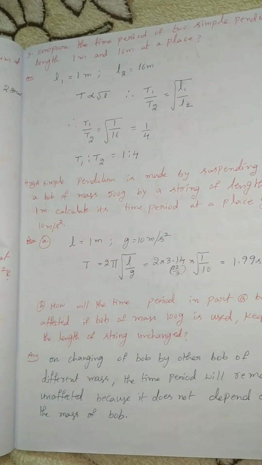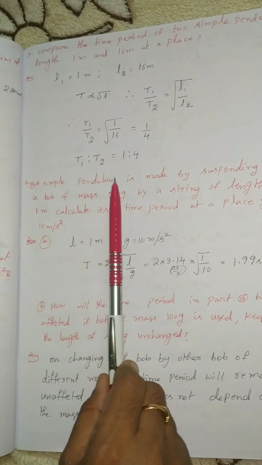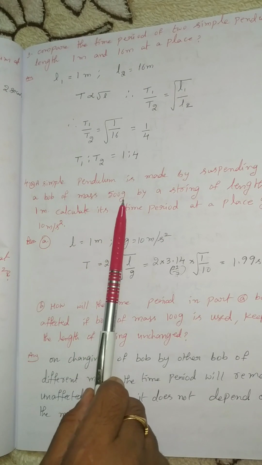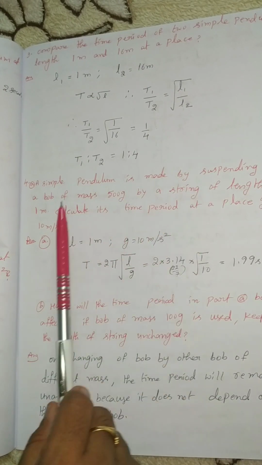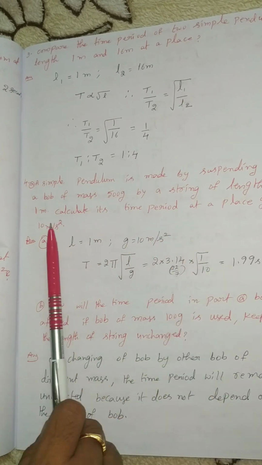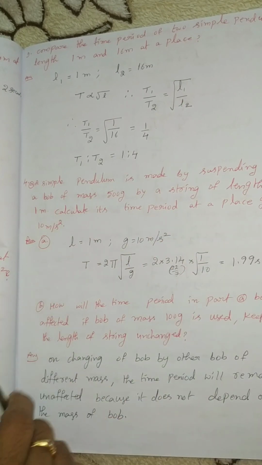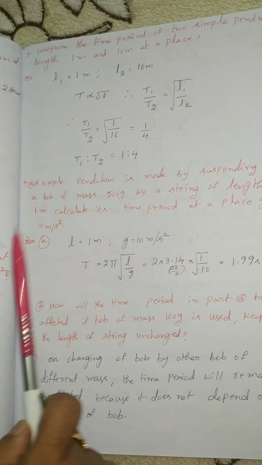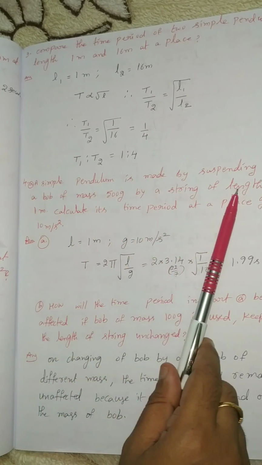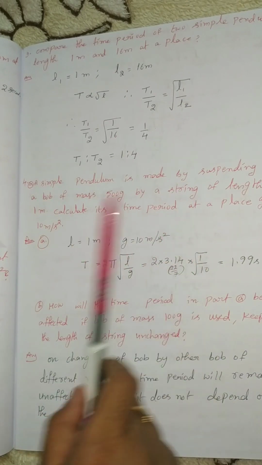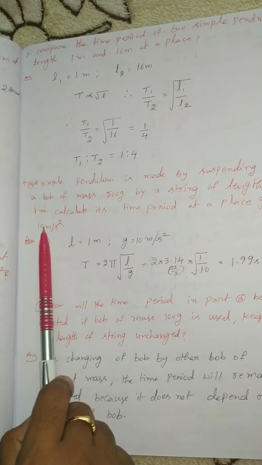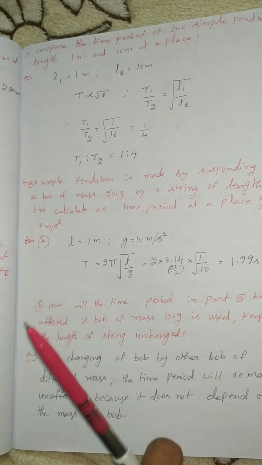A simple pendulum is made by suspending a bob of mass 500 grams by a string of length 1 meter. Calculate its time period at a place where g equal to 10 meter per second square. So here in this problem, what did they give? First of all, they give the length, L equal to 1 meter, and g equal to 10 meter per second square.